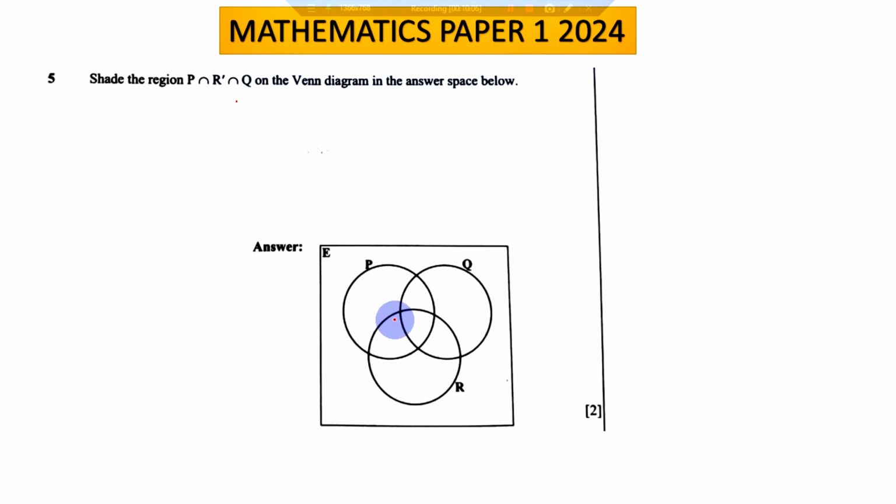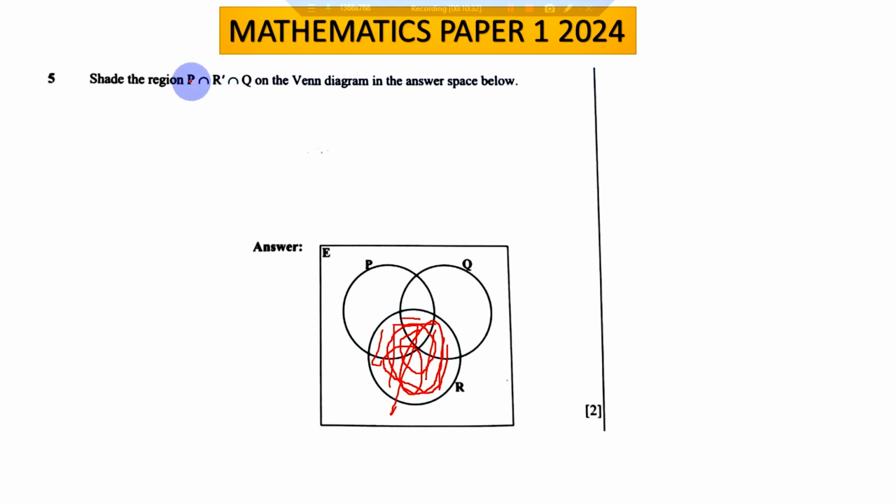So in this case, we are removing all the elements that are in set R. We get elements that are outside this. It means we can get elements that are here or here, or in the universal set. All these elements are outside set R. That is the R complement.